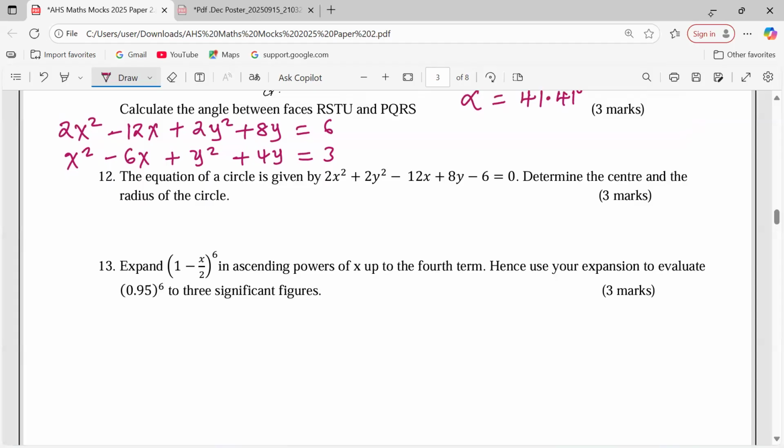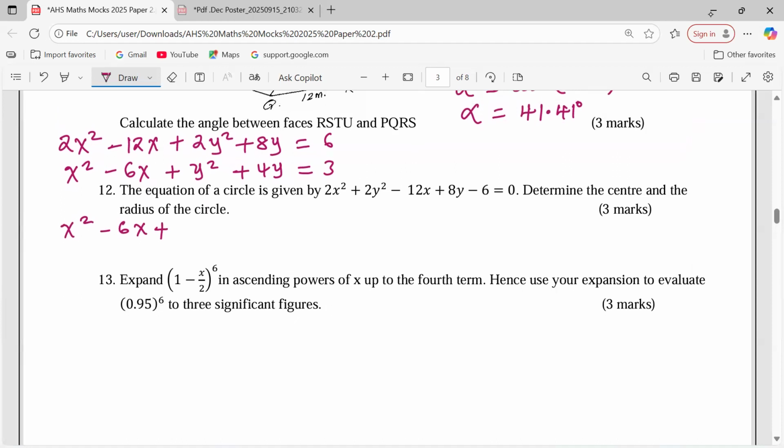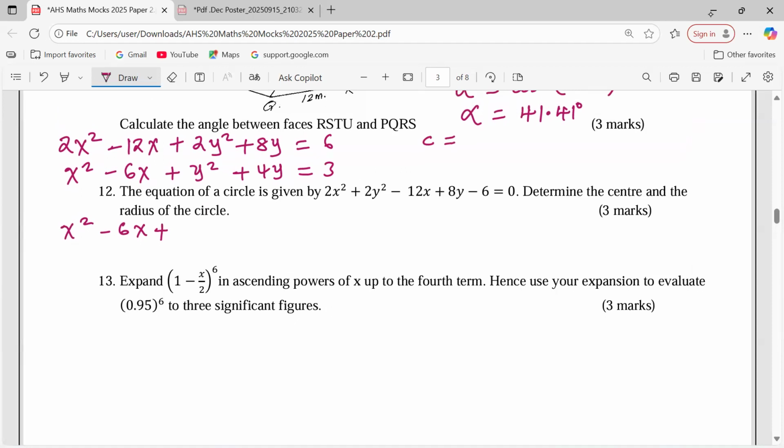At this point we can say the x squared part, minus 6x, should become a perfect square on its own, whereby we add a constant. And how is this constant obtained? The constant is obtained by making sure that b over 2 squared gives us that constant. That way, it will be a perfect square. Therefore, b over 2 squared, now it's negative 6 over 2 squared. Negative 6 over 2 is negative 3. When you square, you get 9.